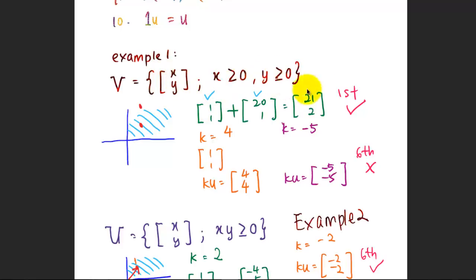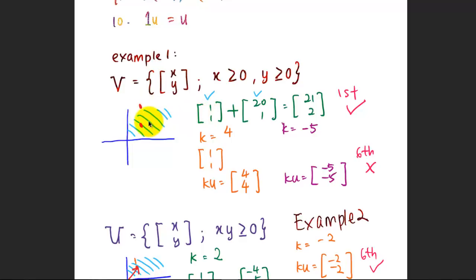Let's try the first axiom, which is the addition. I can assume x and y to be 1, 1, because x is larger than or equal to 0 and y is larger than or equal to 0. They are in the first quadrant realm. So any vector in this boundary is considered valid.